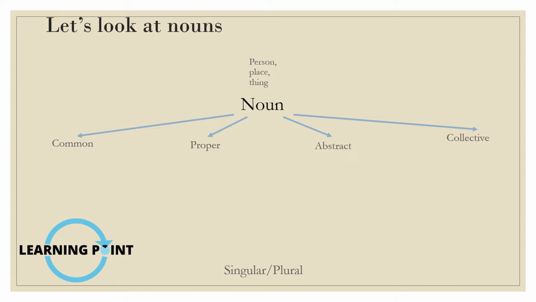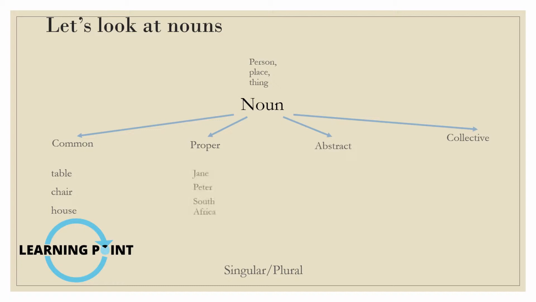Right, so we said that a noun names a person, a place, or a thing. A common noun names any kind of person, place, or thing, nothing specific, like table, chair, house. It doesn't refer to anything specific, like your house or your table.